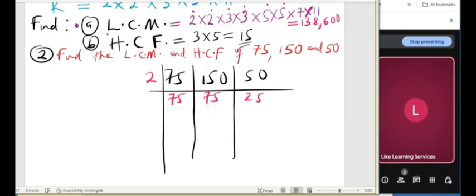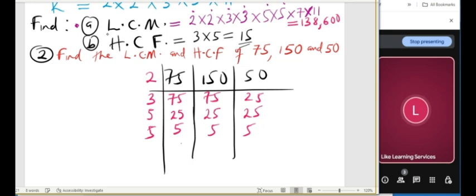What can go? 3 can go. 25 cannot divide, so we bring down 25. 5 can go, and then 5 can go again. That will be 1, 1, 1. So what's the LCM?